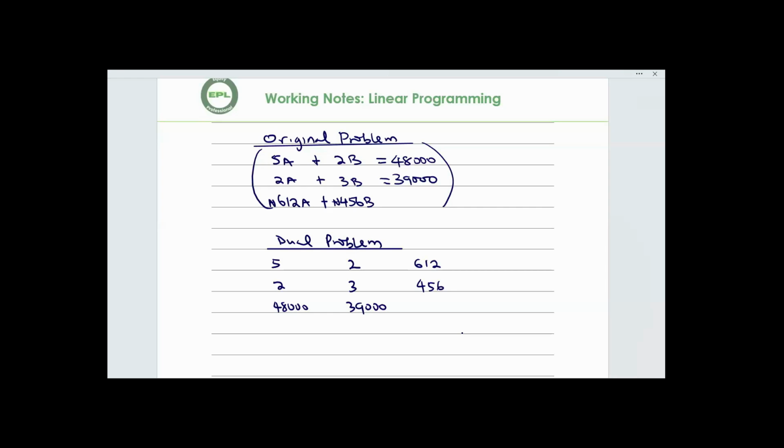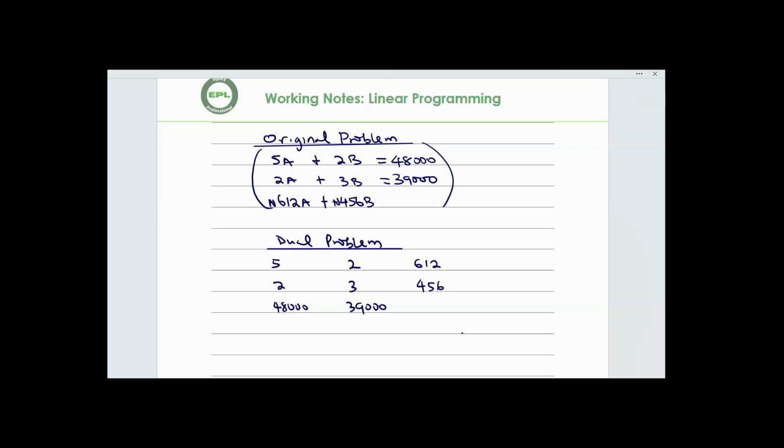You are changing row to column, or column to row, whichever one you want to do, it's still the same thing. In the original problem, we are maximizing contribution. As you change to the dual problem, it becomes minimization of cost.